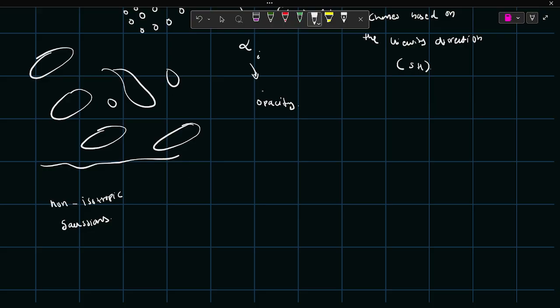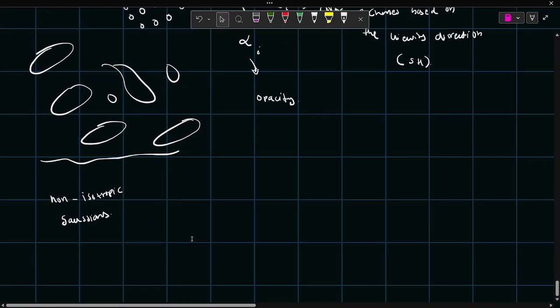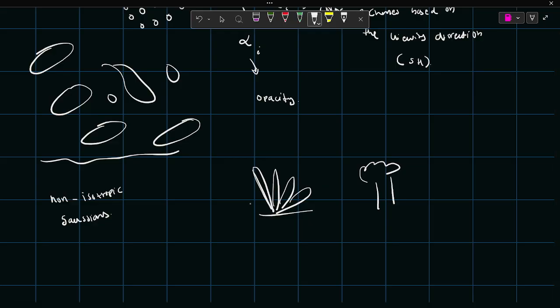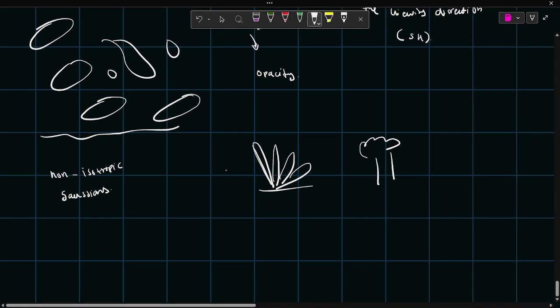Now, why do we need a non-isotropic Gaussian? Suppose there's a 3D scene of grass or a tree. Using isotropic Gaussians, it's very difficult to represent it because we need to use a lot of spheres. This is not good at all.